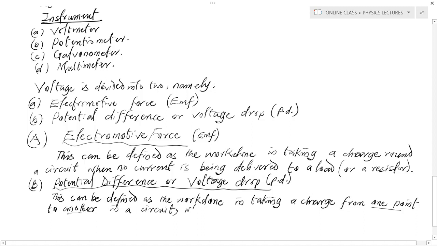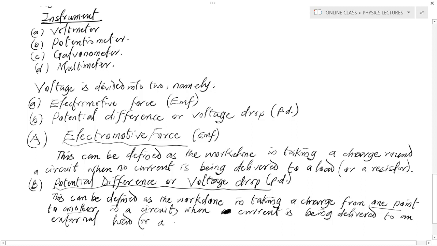Now, when current is being delivered to an external load or a resistor.